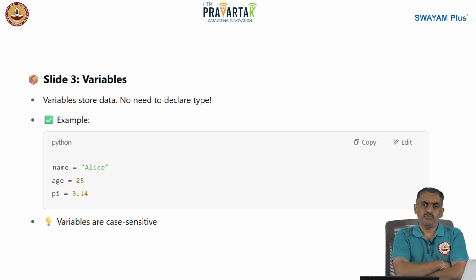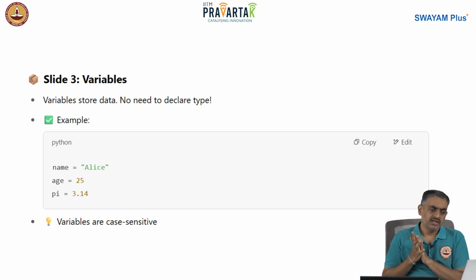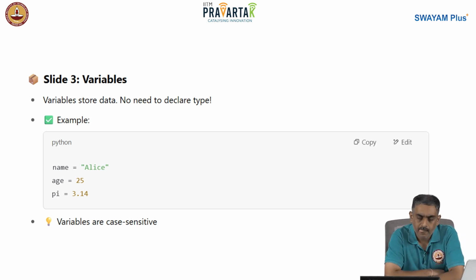Here there is one important point that you should remember: the data types need not be declared. If somebody is looking at this program from a Java or C background, they would ask why you did not define name as a character array or a string, age as an integer, or pi as a float.